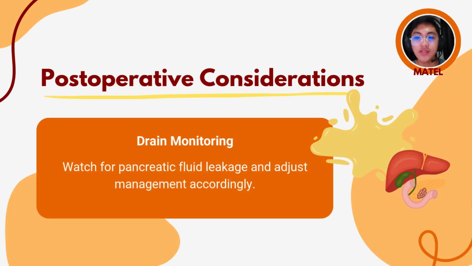Now, in risky procedures such as the classic Beger, there is a risk of pancreatic leakage, since we cut to the portal vein. If it's not resected carefully and thoroughly, it might leak some fluid. That's why we have to maintain and monitor the drains and watch out for any signs of leakage and fluid reabsorption in the abdomen.